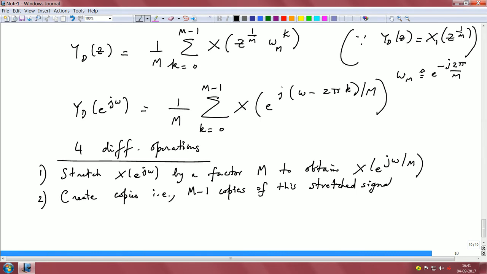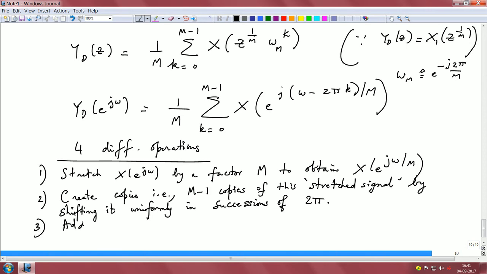So basically we stretch it, take m minus 1 copies of the stretched signal by shifting it uniformly in successions of 2 pi, then we add the shifted versions to the unshifted stretched version.